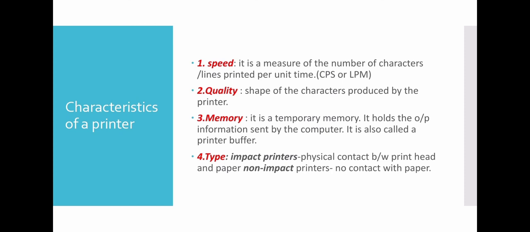It holds the output information sent by the computer, and it is also called the printer buffer. There are two types of printer. One is the impact printer and the second one is the non-impact printer. An impact printer makes physical contact between the printer head and the paper, whereas in non-impact printers there is no physical contact with the paper.